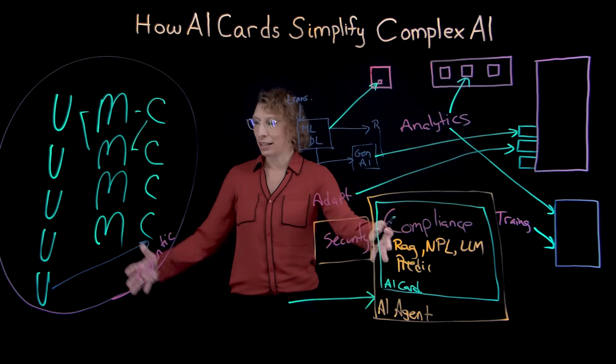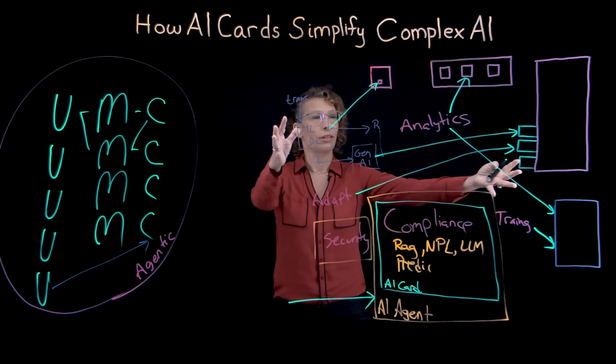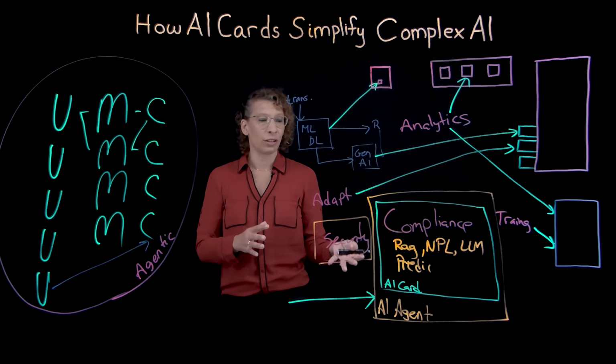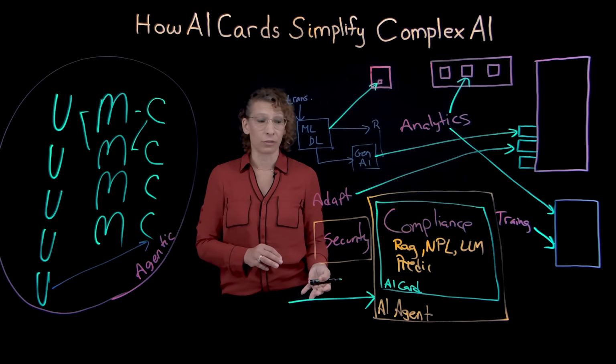The AI agent can capture that input, understand the problem, and then based off of the resources that are available in the ecosystem, understand which models to use and where to deploy those models.